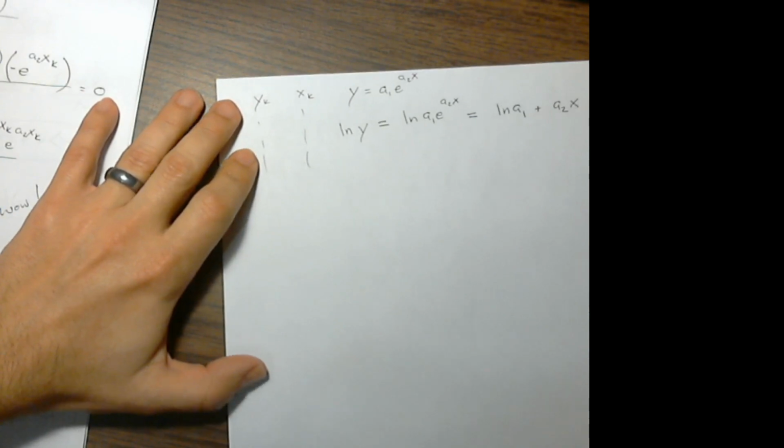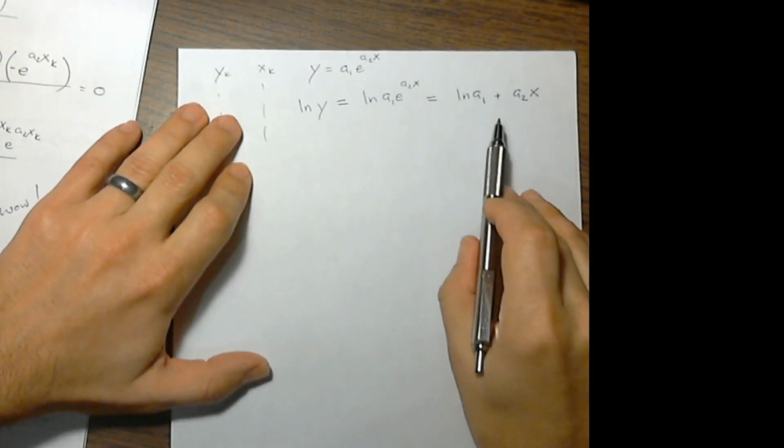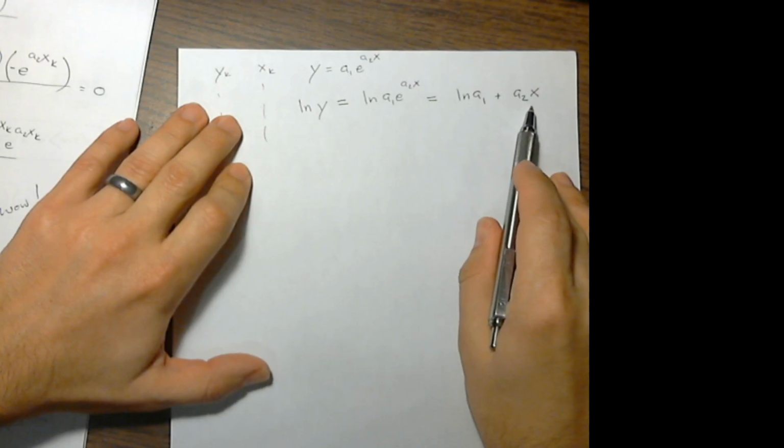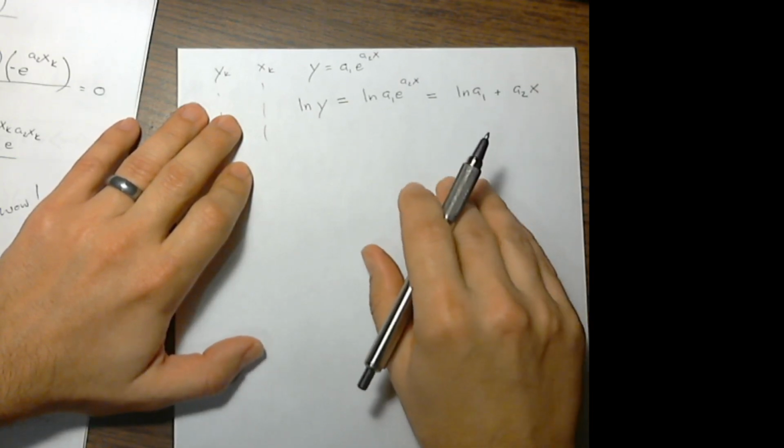Isn't that delightful? We've reduced it back to a linear problem. So what if I create a new variable?